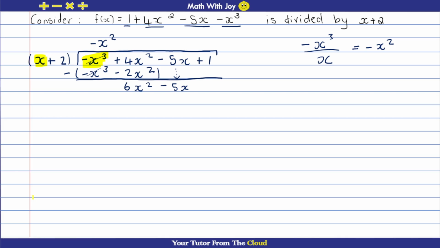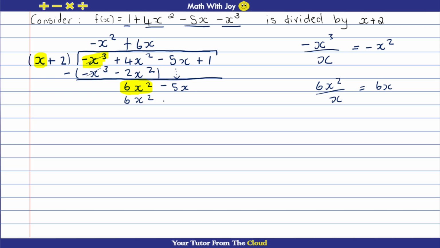Again, we take the first term and divide it by the first term here. So we have 6x squared divided by x, which gives us 6x. So I'm going to put down positive 6x there at the top. This positive 6x is going to multiply this x here, and it's going to give us 6x squared, and then it multiplies the 2.